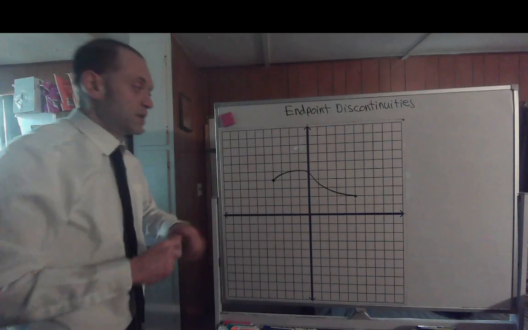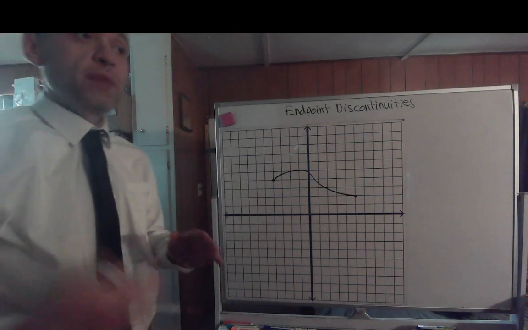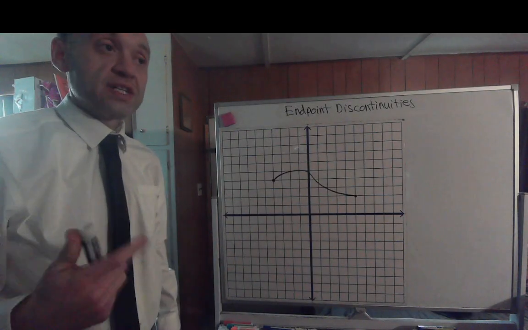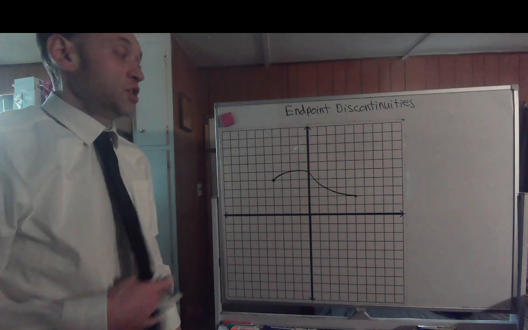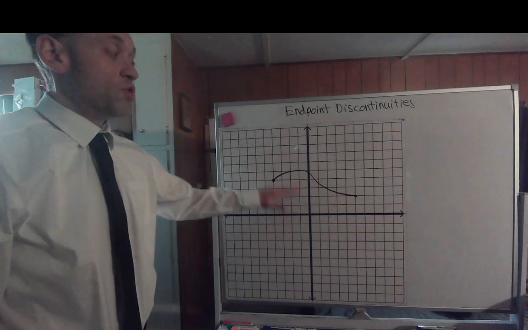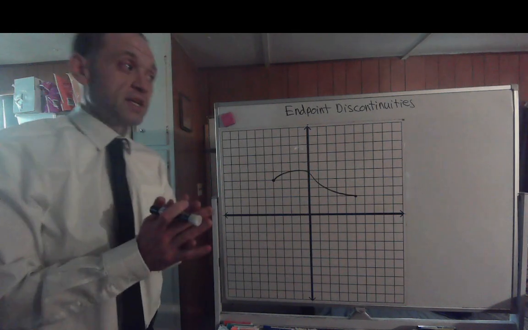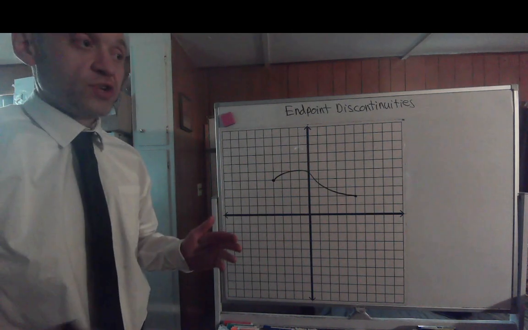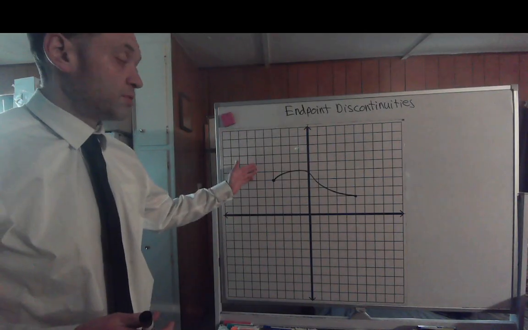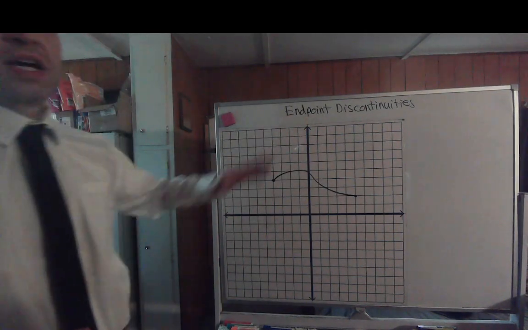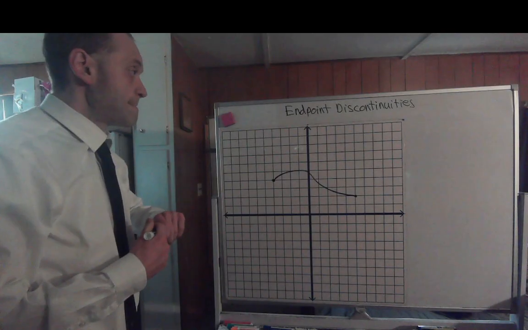Endpoint discontinuities occur from man-made conditions, like restricting the domain. This could be the graph of a normal function that would continue on forever, but for whatever reason, the domain's been restricted by a person. Well, that's where an endpoint discontinuity comes in.